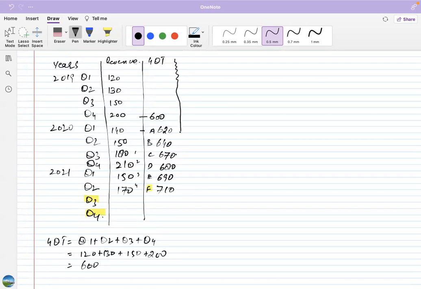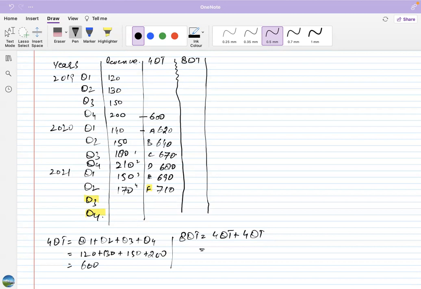Okay. The next calculation that can be asked from us is 8QT. 8QT stands for 8-quarter total. Now the formula for the 8-quarter total is 4QT, I mean 4-quarter total, plus 4-quarter total.